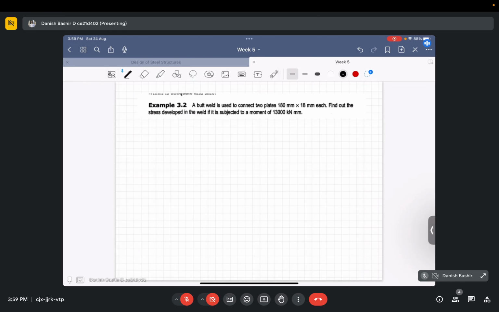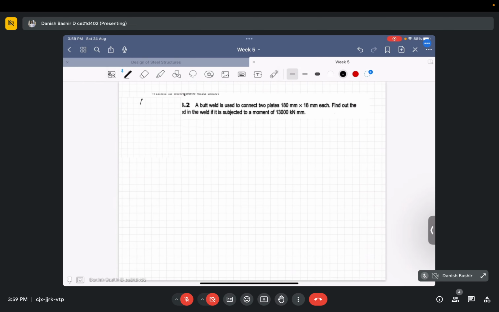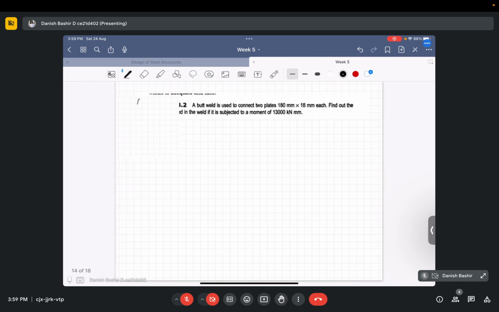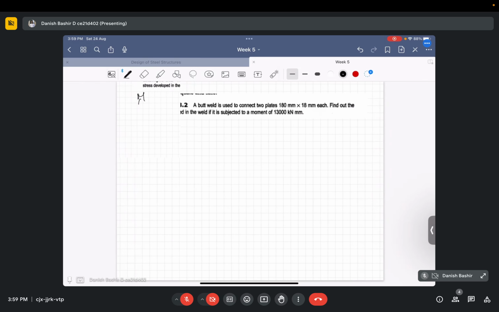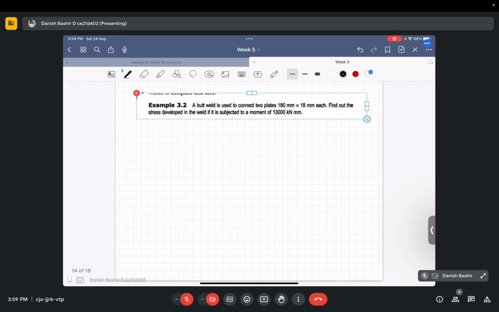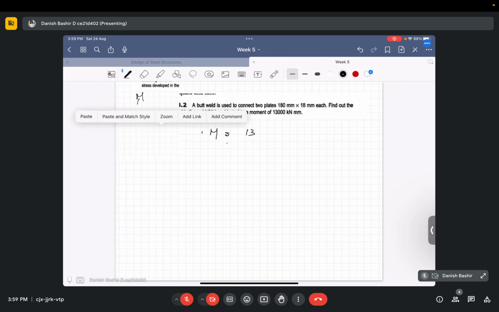Find out the stress developed in the weld if it is subjected to a moment of 1300 kilonewton meter, that is 13,000 kilonewton mm.